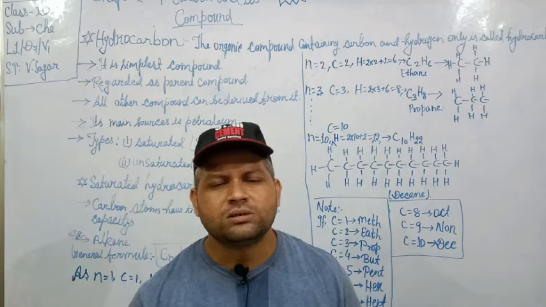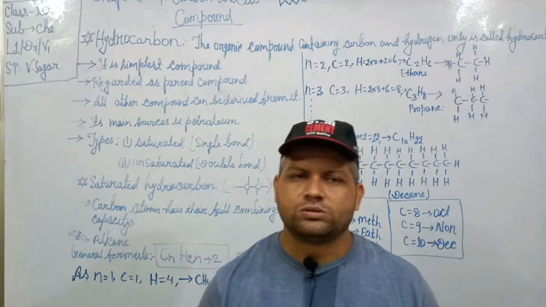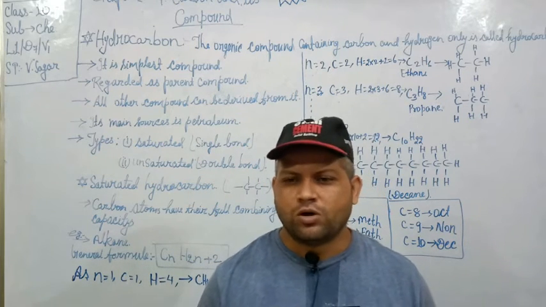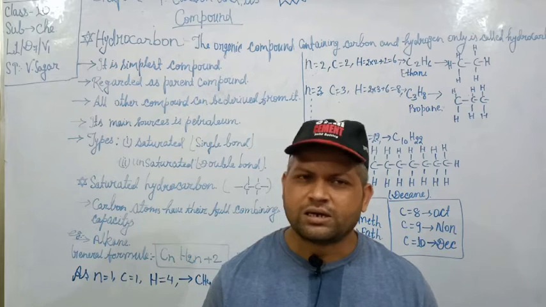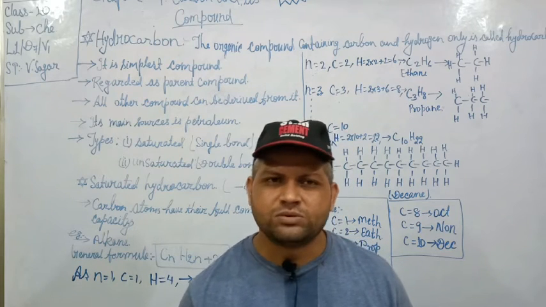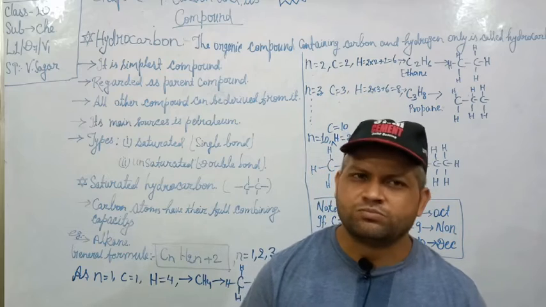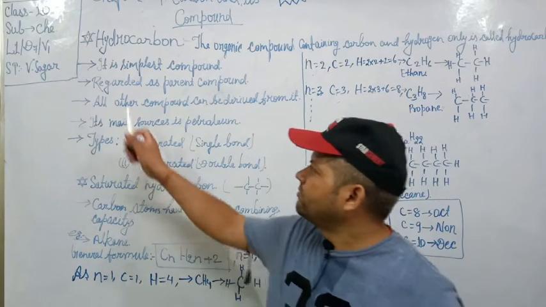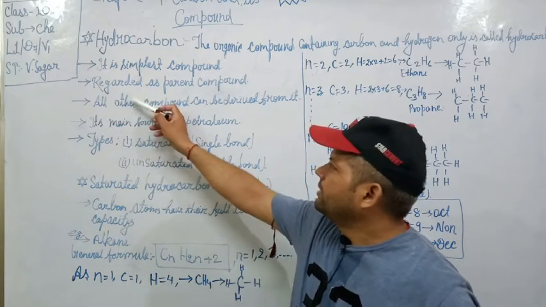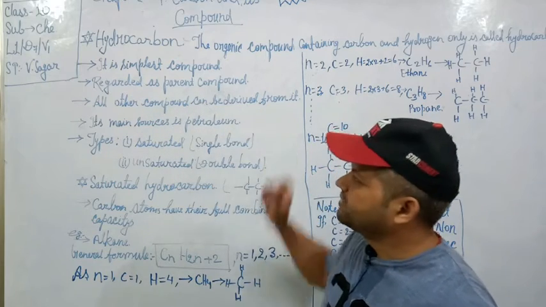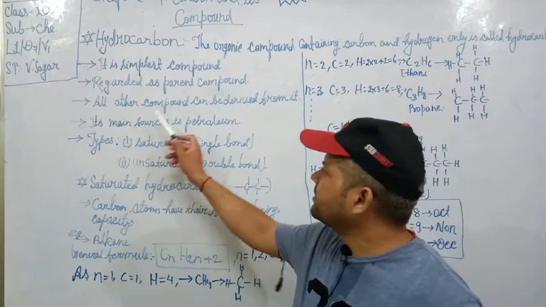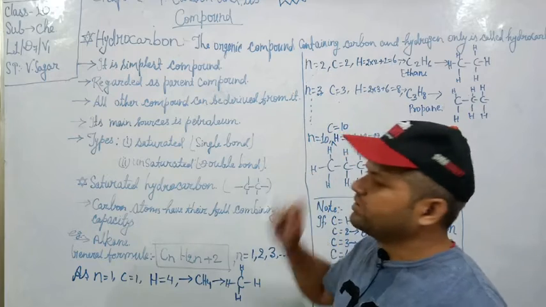Hydrocarbon is called the parent compound because, to form other compounds with other atoms, carbon first of all has to remove hydrogen from it. So I have written here, it is regarded as the parent compound. All other compounds can be derived from it.